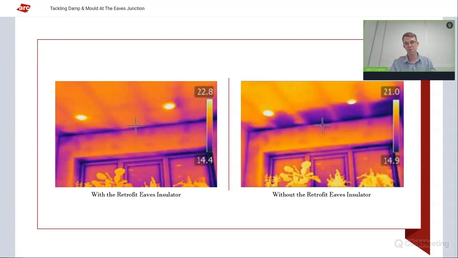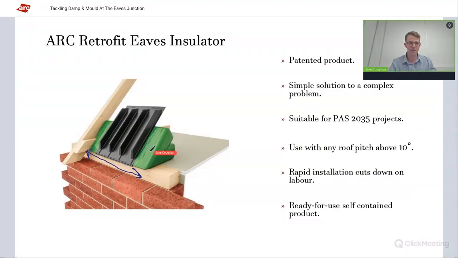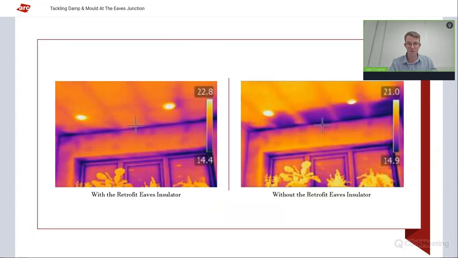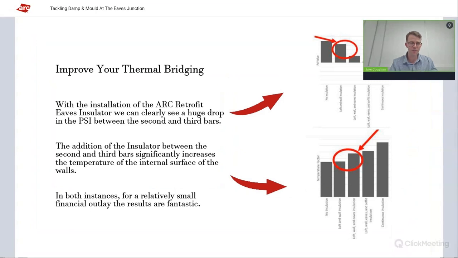So revisiting these thermal images, you can see how it works and fits in with how this is working here. It goes straight over that wall plate, avoiding that thermal bridge. And that's the effect of it. In terms of actual numbers, again, as I say, you've got to simulate your own details to be sure.